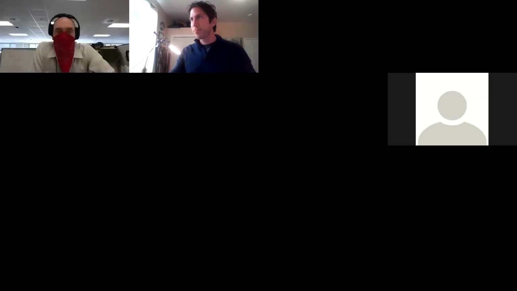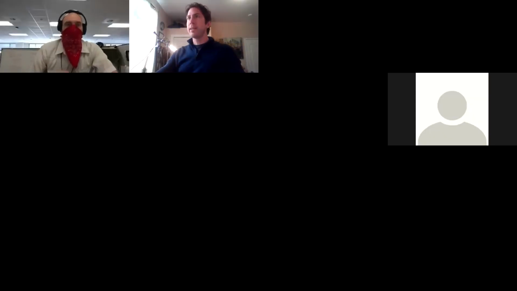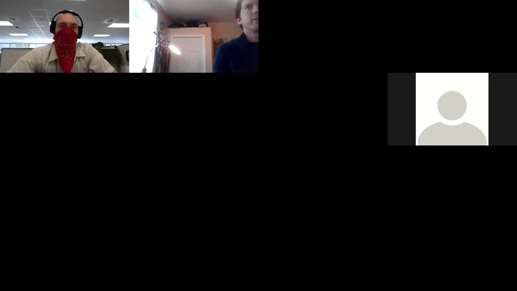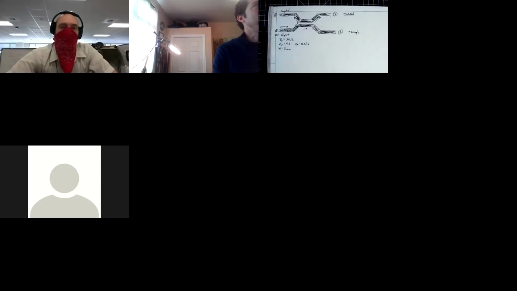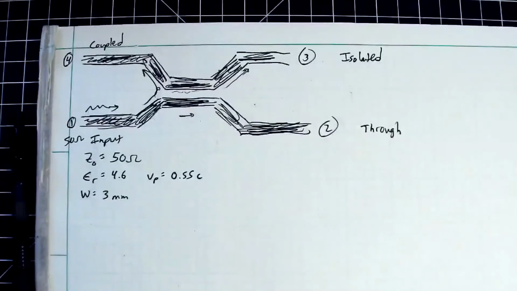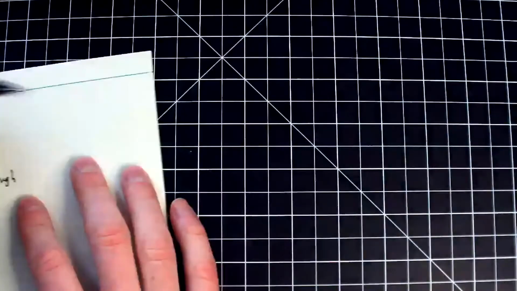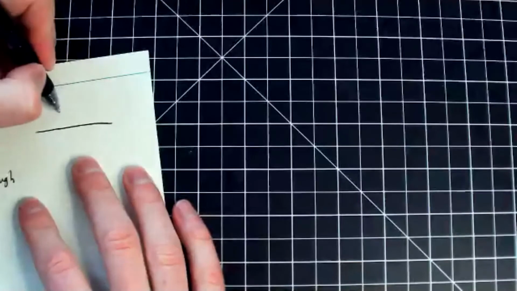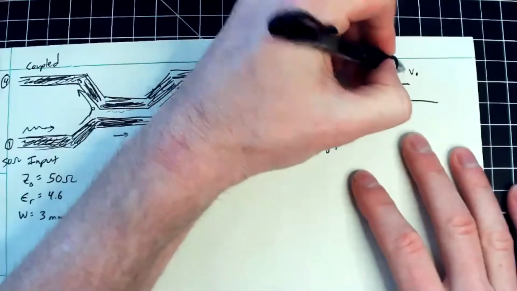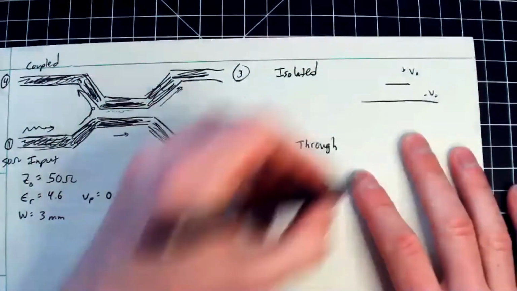So let's go ahead and look at, where is my video here? So I'm going to go back to my little video over here, pin video. So just kind of an intuitive dummy check. Here is a strip over here. So there's some voltage, you'd say plus V naught and then minus V naught at the bottom.